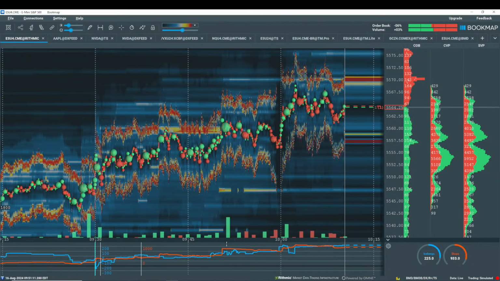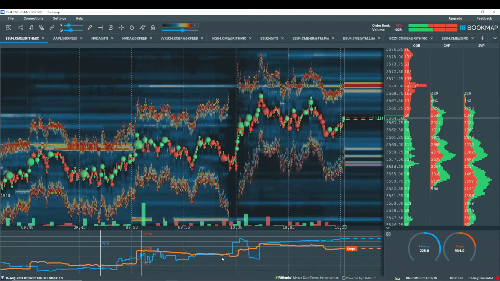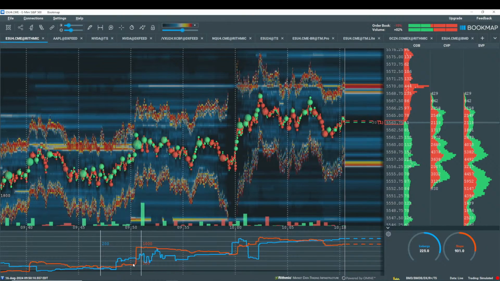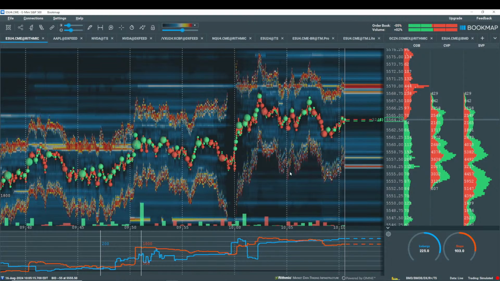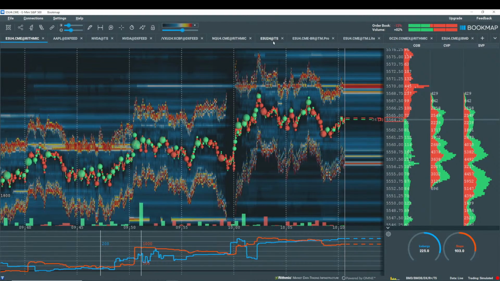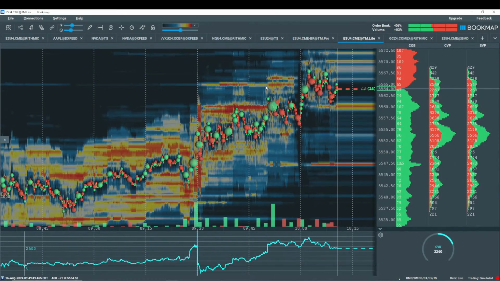It's not as big as I was anticipating, though. It's not so small either, actually. That's about 500 or so, and then we have a bunch more in here. So yeah, it's not bad in terms of a stop run. All right, so anyway, let's jump back to the Trader Map Lite version here.